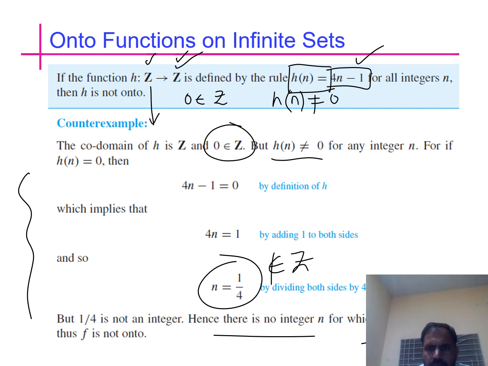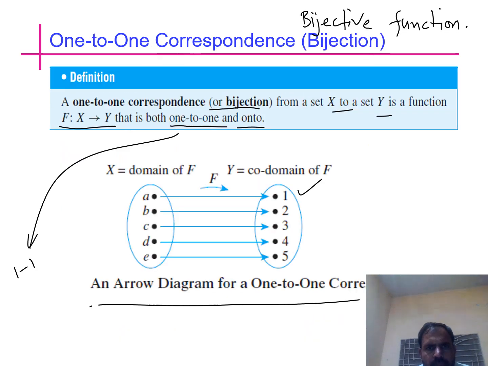So h is not onto, and so we can say it is not a one-to-one correspondence or bijection. You can call this function bijective. If we discuss this function simply, we can say that if the function is one-to-one as well as onto, then it's bijective.